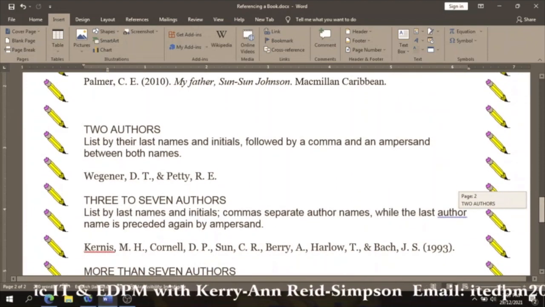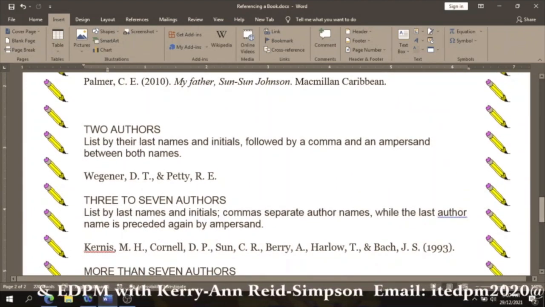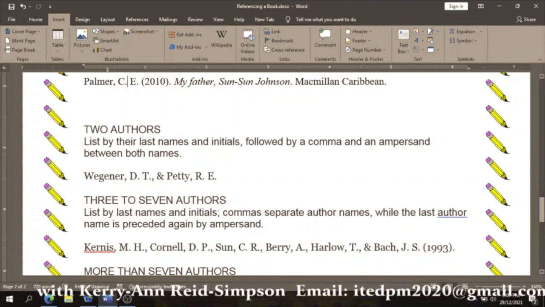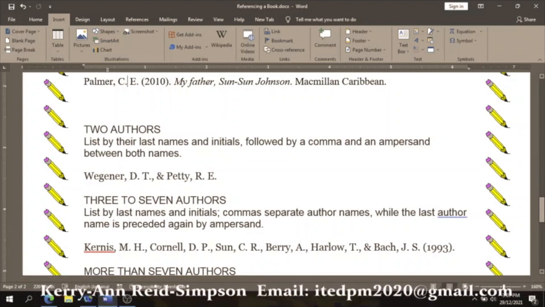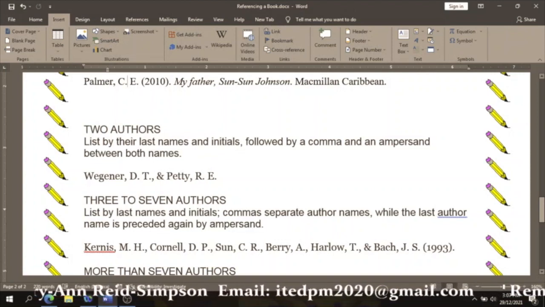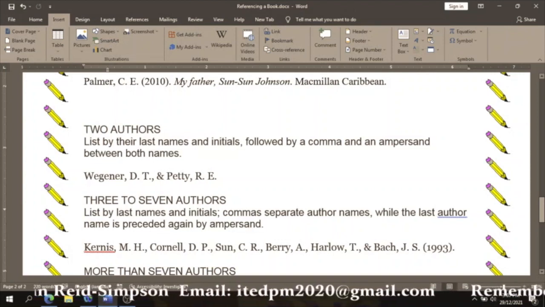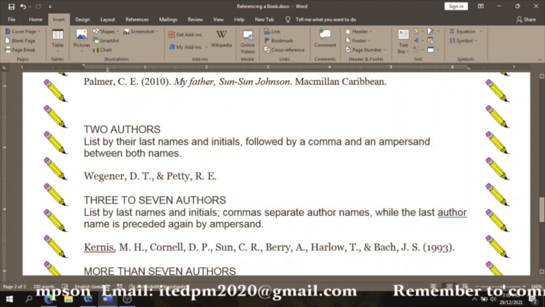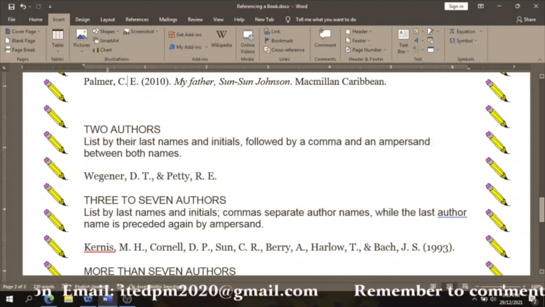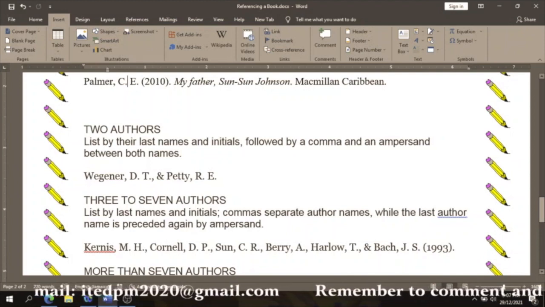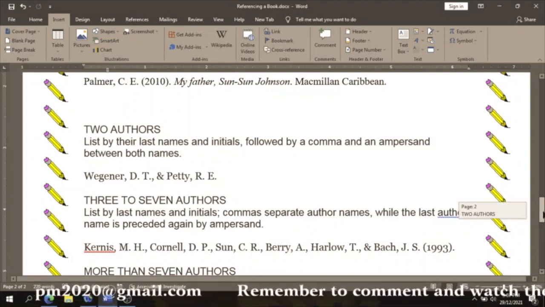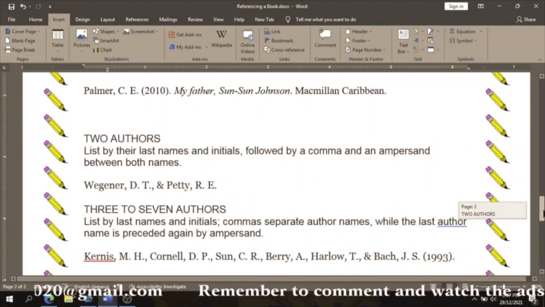What if it is a book that is written by 3 or 7 authors? You would list all the last names and initials as usual. Of course, they will be separated by a comma, but before you type the name of the last author, that's when the ampersand is put in. So I have an example right below here.